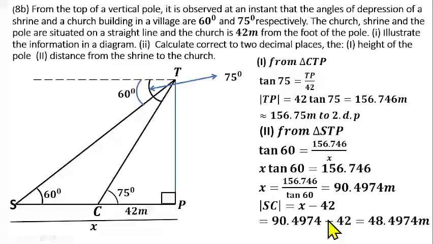If you do that, 90.4974 minus 42 gives us 48.4974 meters. Then to two decimal places, that gives us 48.50 meters. So that's the solution for question number 8b.